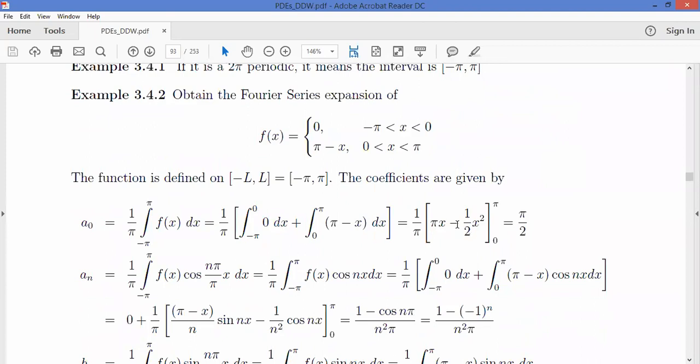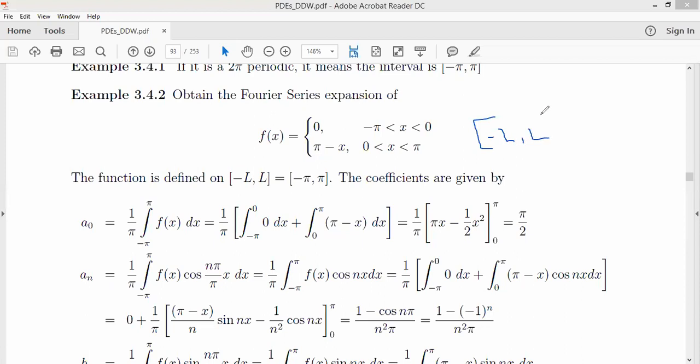What we have now is simply some function f(x), which is piecewise, and the interval minus L to L. In this case, it is given as minus pi to pi. So now we know L is given as that.